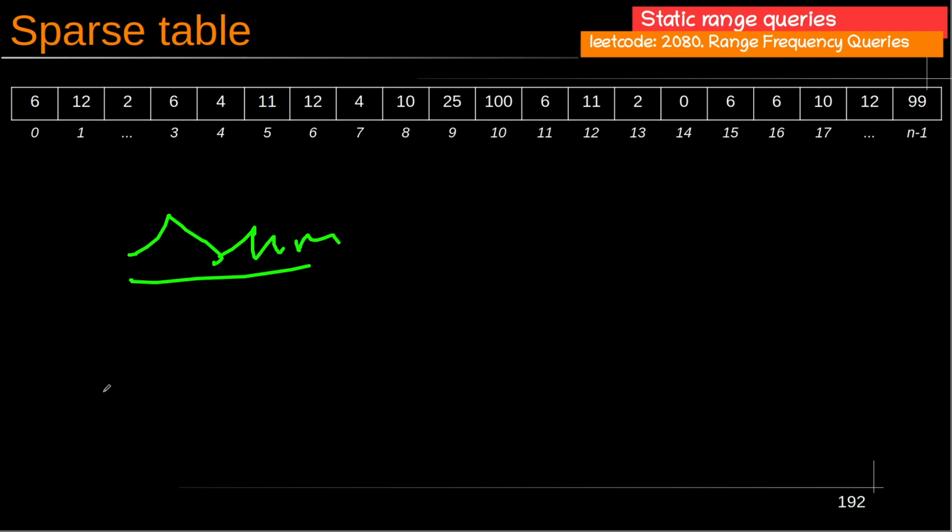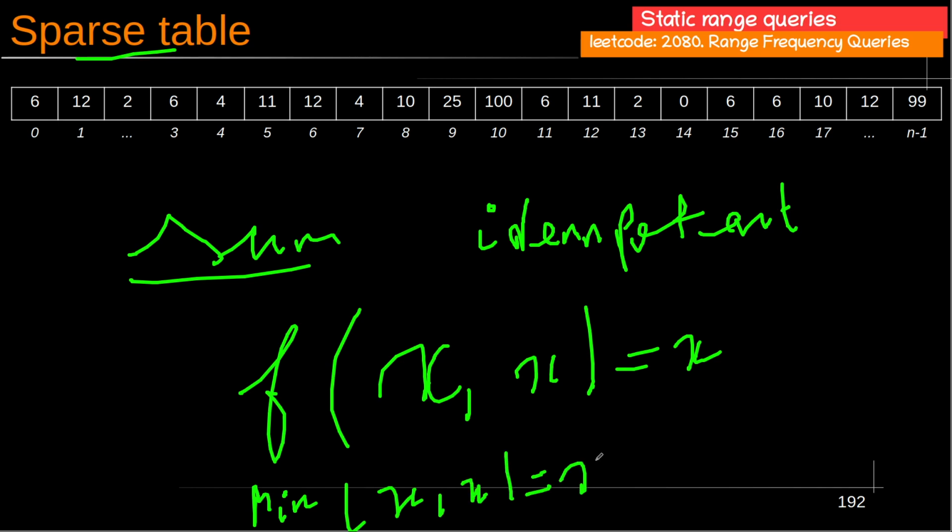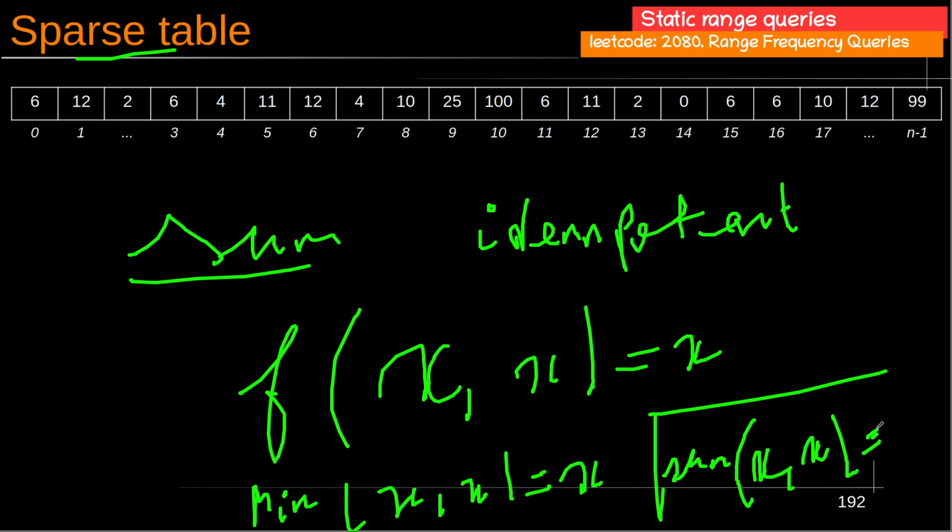To use the sparse table, the function must be an idempotent function, which means if the function is f, then f(x, x) will be equal to x. If the function is minimum, for example, the minimum of x and x is equal to x, so we can use the sparse table. But for the sum, is the sum of x and x equal to x? No. The sum of x and x is equal to 2x.